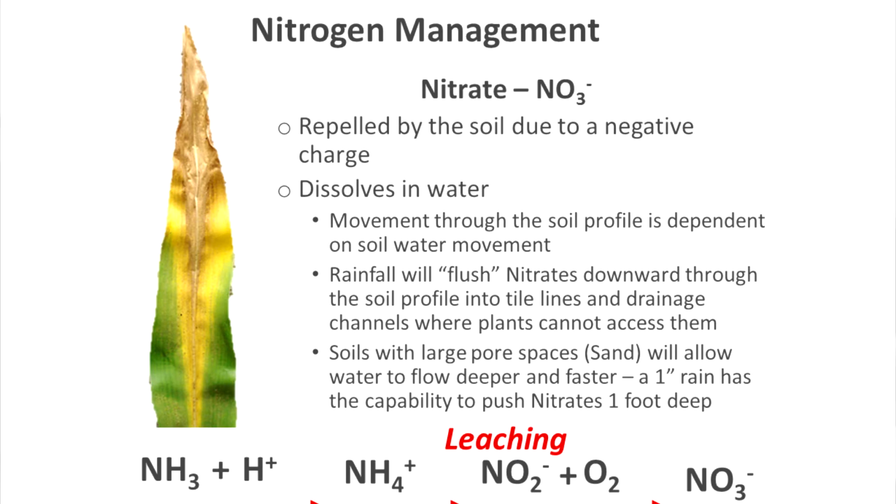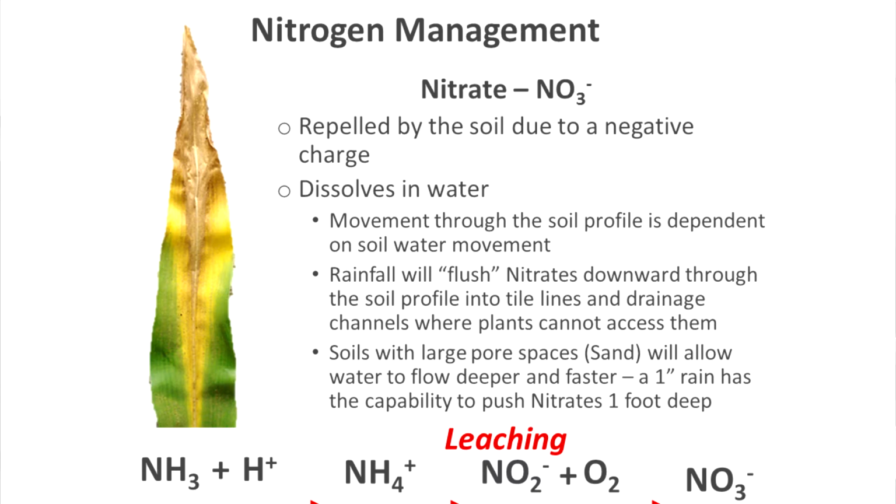So when we're talking about nitrate, we can lose nitrate nitrogen in two different ways. First one being called leaching. Since you have a nitrogen particle, molecule, whatever you want to call it, that's negatively charged and it can't ever attach to the soil, it's going to stay away. It's going to be in solution. It's pushed off. The big issue with it is it dissolves very easily in water.